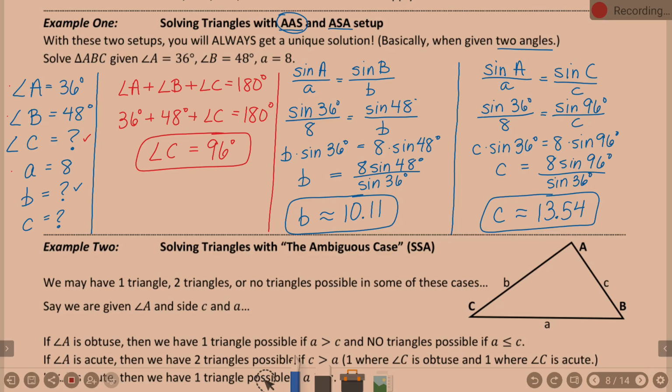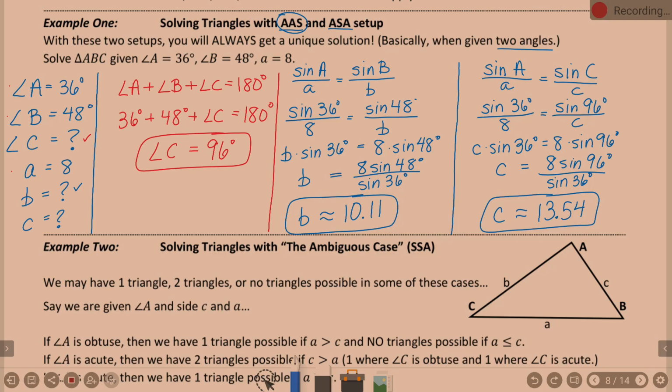Okay, questions I need to cover on this one. We're good on this one? Will it have a specific side that we're trying to find? They would usually, well, usually you find all the missing sides and angles.